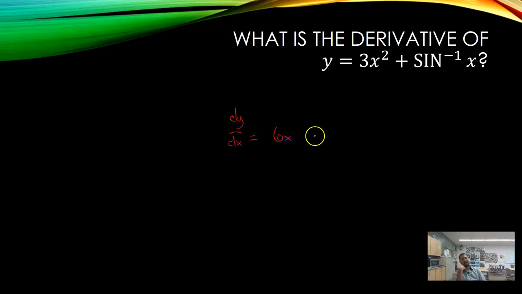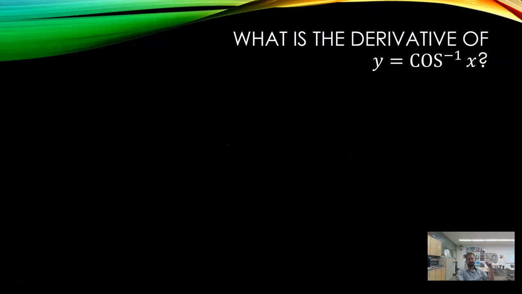So I'd get 6x plus, then we just found the derivative of the inverse sine of x is 1 over the square root of 1 minus x squared. And we'd be finished. That's all we would have to do to find that derivative. So there's no rule to apply per se. It's just a memorization of this is the derivative of the inverse sine of x, which is kind of nice. It really is nice that that is what the derivative turns out to be.